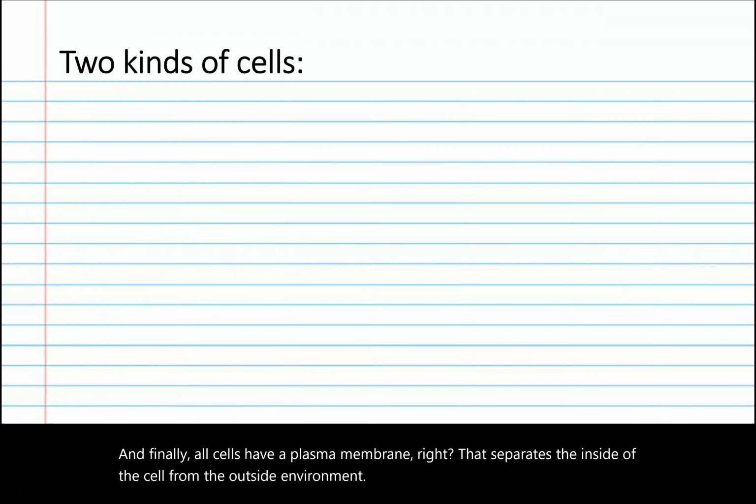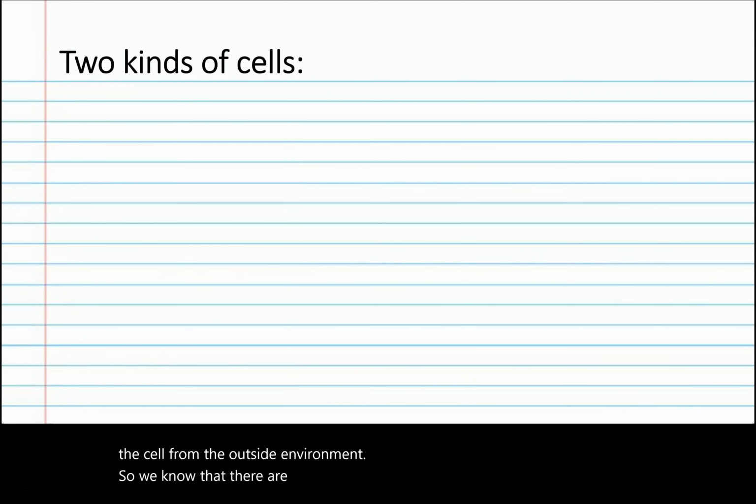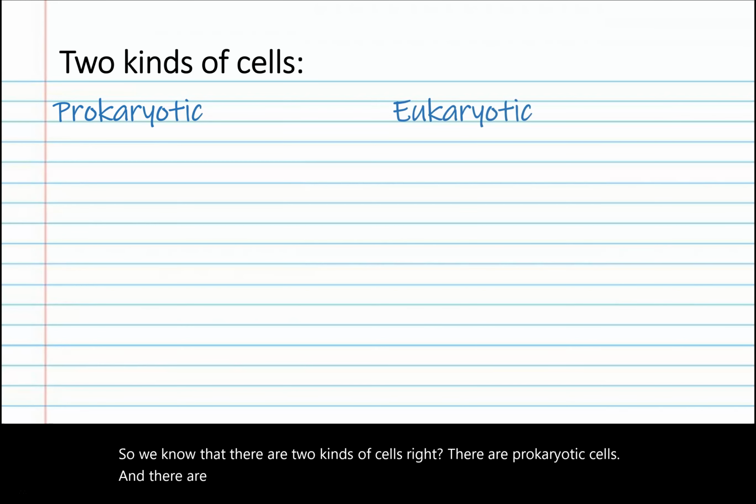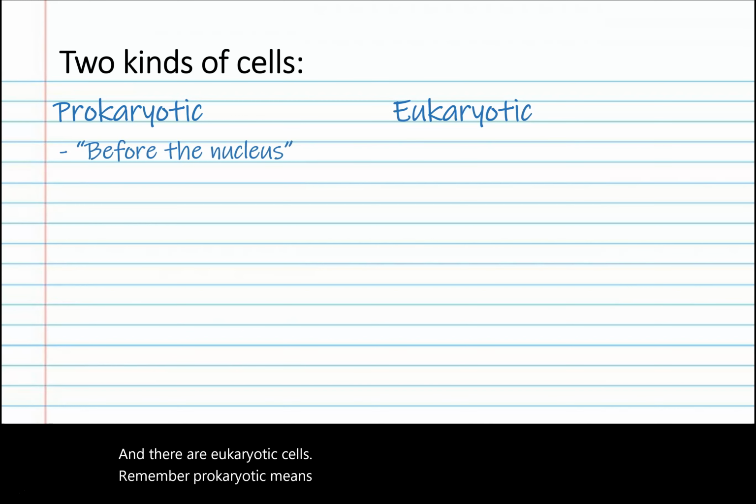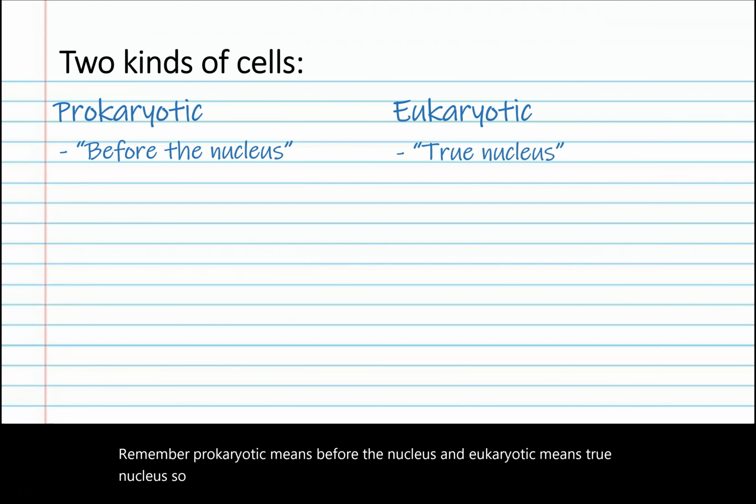So we know that there are two kinds of cells, right? There are prokaryotic cells and there are eukaryotic cells. Remember, prokaryotic means before the nucleus, and eukaryotic means true nucleus. So our prokaryotic cells do not have a nucleus, whereas our eukaryotic cells do.